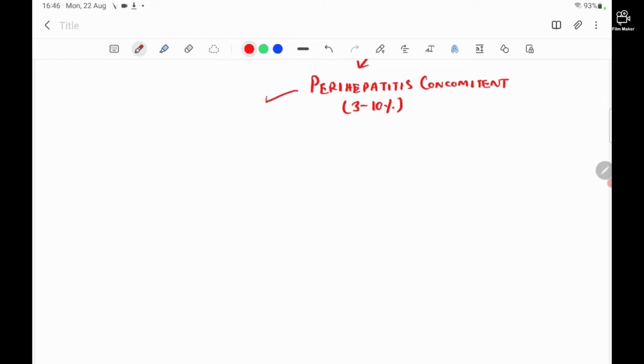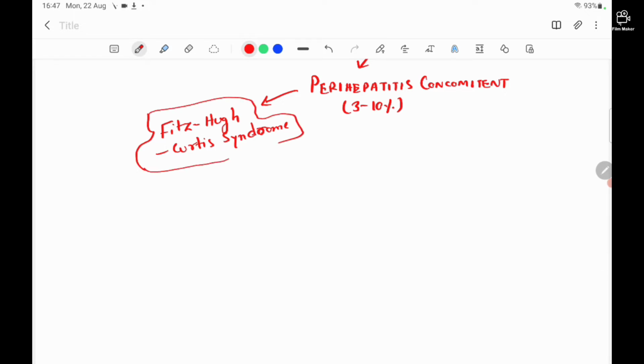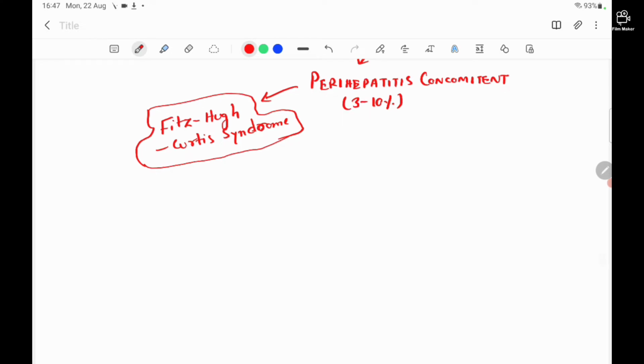This is also termed as Fitzhugh-Curtis syndrome. Fitzhugh-Curtis syndrome multiple times has been asked in many exams.